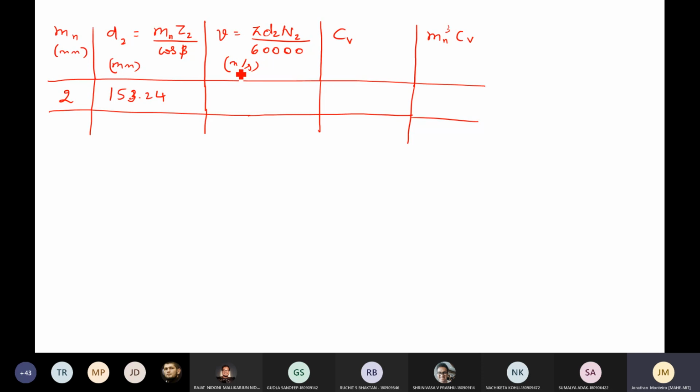Velocity in meters per second: 80.23. 80, quite high. 20.06. Yes, 20 is fine, 80 is quite high. Just check your value. So pi into d2, 20.06, into n2 by 60,000.